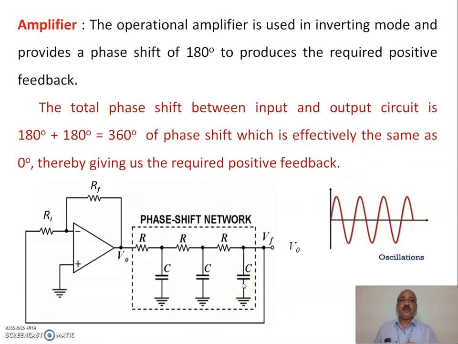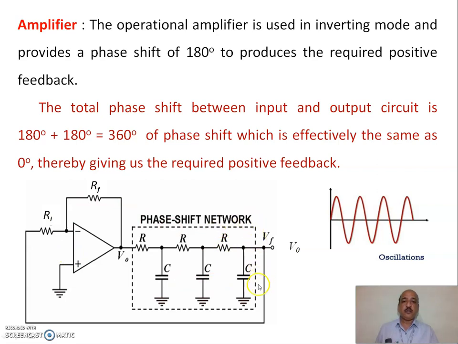The operational amplifier is used in inverting mode and provides a phase shift of 180 degrees to produce the required positive feedback. The total phase shift between the input and output of the circuit is 180 degrees plus 180 degrees, equal to 360 degrees of phase shift, which is effectively the same as 0 degrees, thereby giving us the required positive feedback.